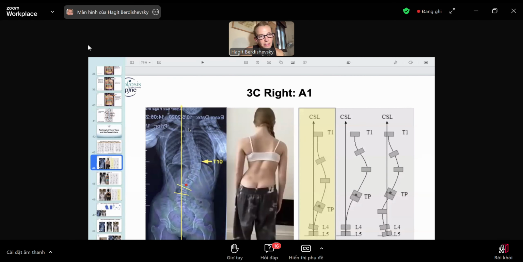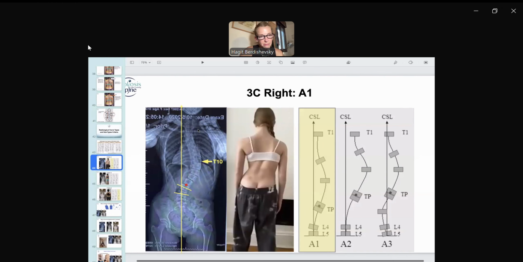And here I think she has also an upper thoracic, but right now it's not important to talk about. So this is a type that does not have a lumbar. The thoracic goes all the way down to the pelvis, many times even rotated in the last vertebra, L4 or L3 as the last vertebra, and then L4 coming back.